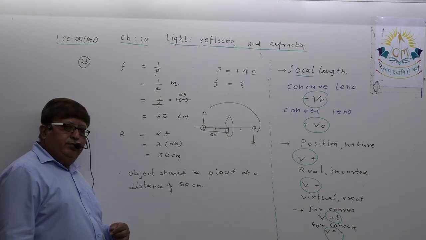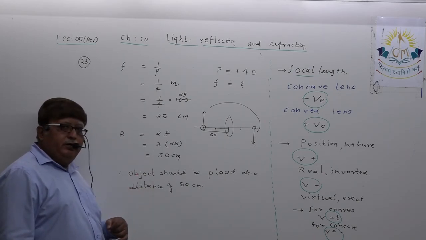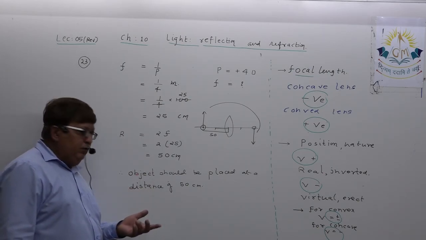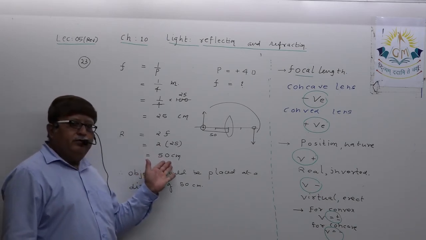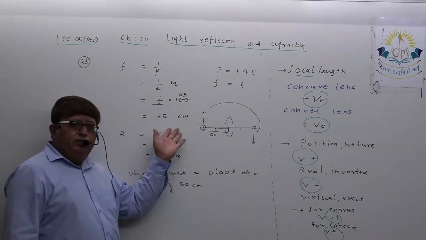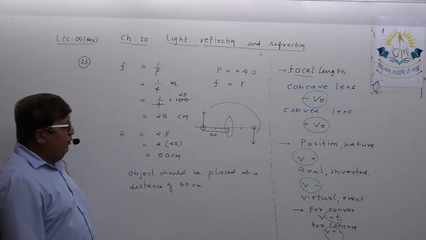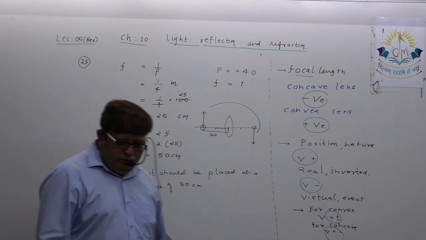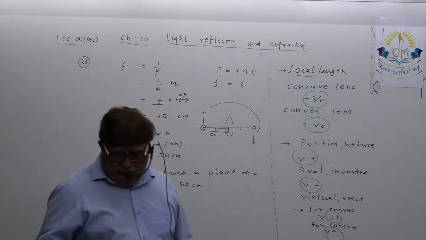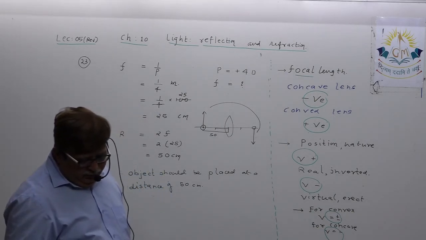If radius of curvature is 50 centimeter, what is the power? From radius of curvature 50, you will get focal length, and then from focal length you can get the power very easily. Understood? So this is number 23 for you.